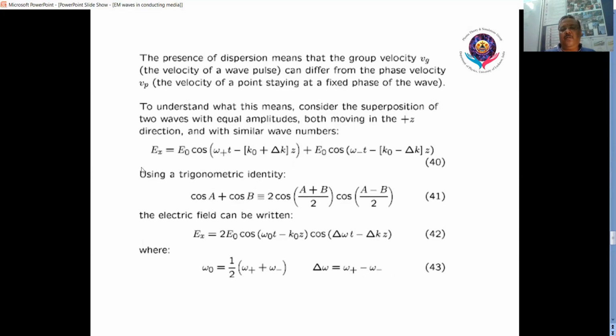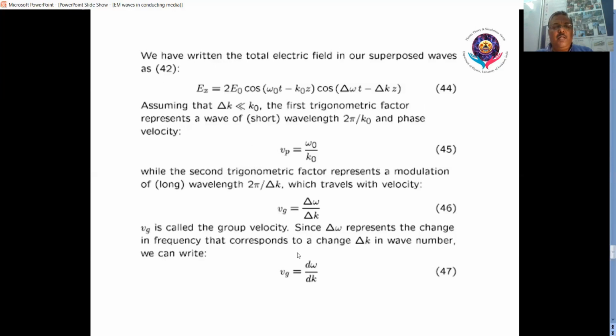X being the direction of the electric vector and Z being the direction of propagation. We use the trigonometric identity for cos A plus cos B, and equation 40 now reduces to 42, where omega 0 and delta omega are these two quantities. So equation 42 can be rewritten as this. This is the same equation, we haven't done anything.